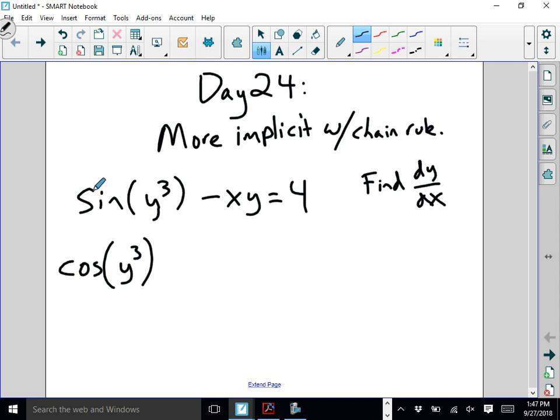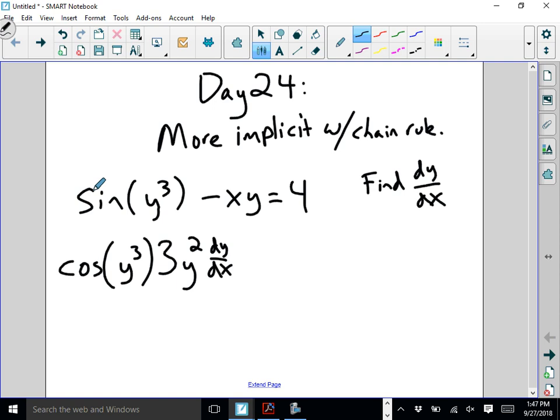And that derivative is going to be a derivative of y. So I'm going to end up with times 3y squared dy dx. So there we have the first one. We'll clean that up and make it look a lot nicer, but that's what we get going through the process.